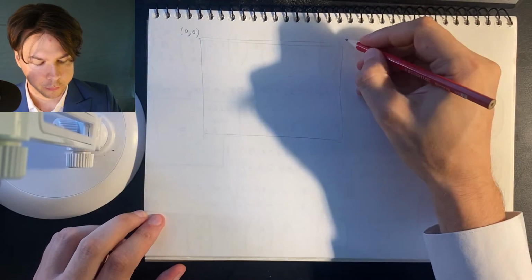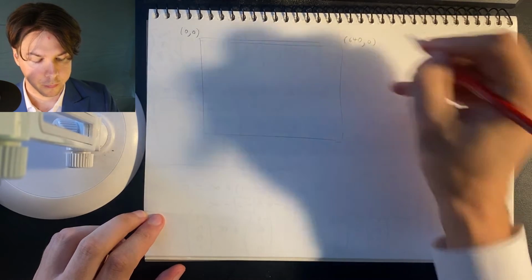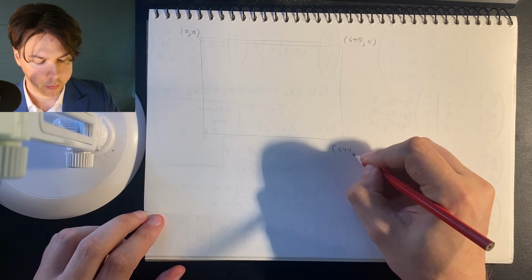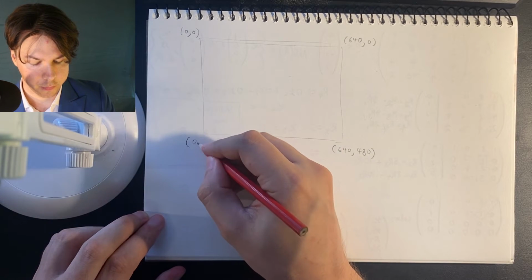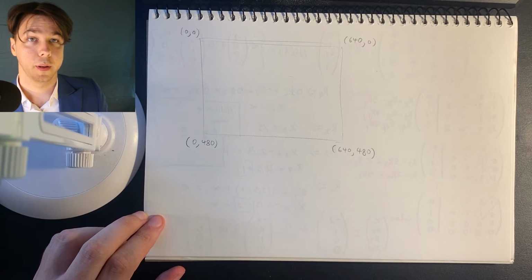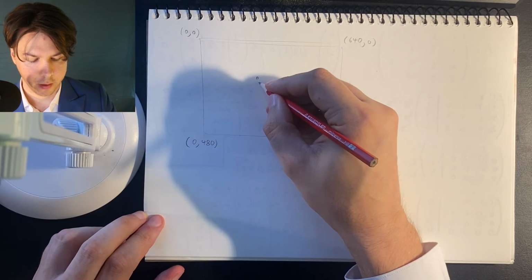If we go across, we're now at pixel 640 with y 0. Go down, we have 640, 480.